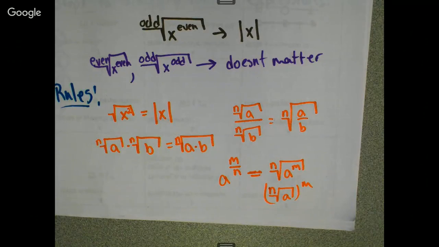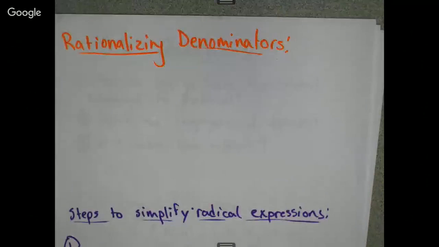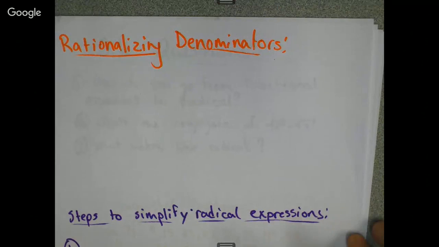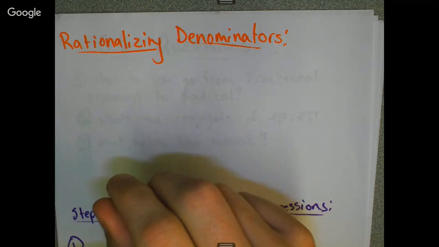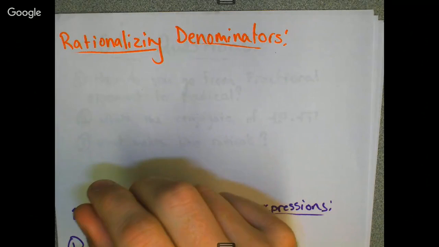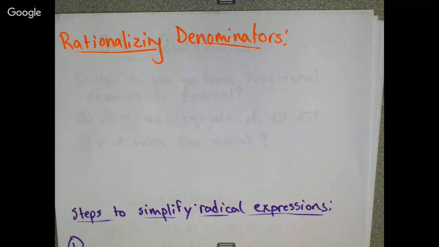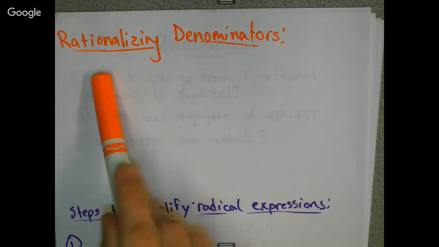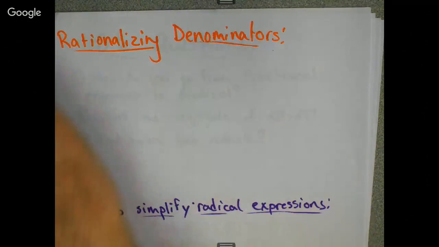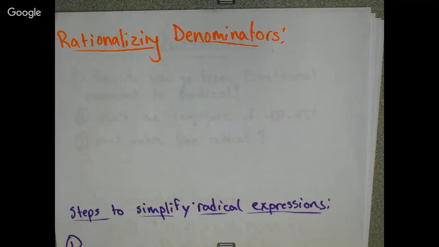All right, we cannot have a radical in the denominator. It's not proper to have that. In order to get rid of it, we do what's called rationalizing the denominator, which is getting the radical off the denominator.